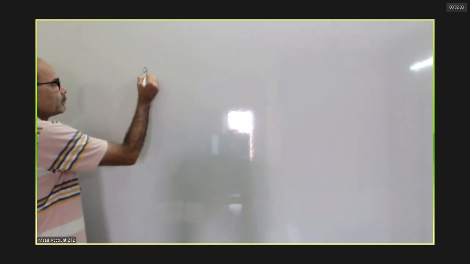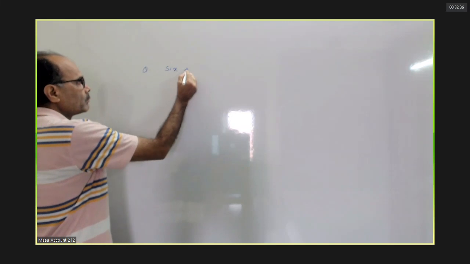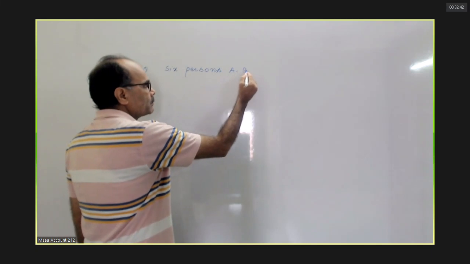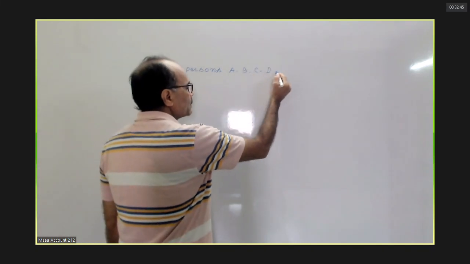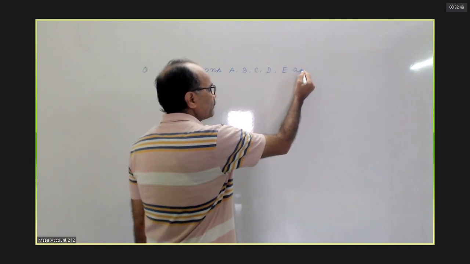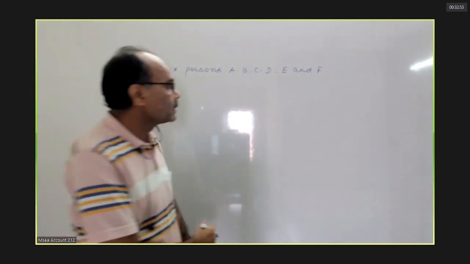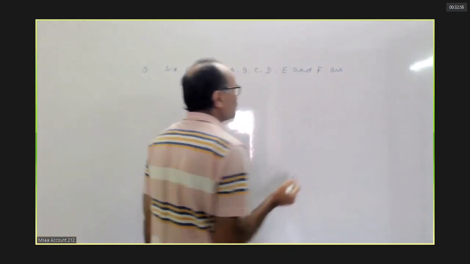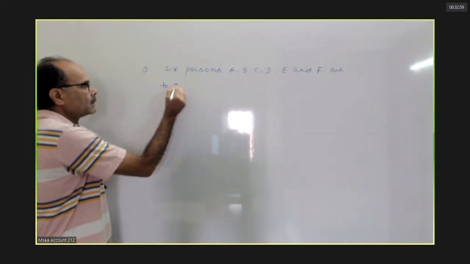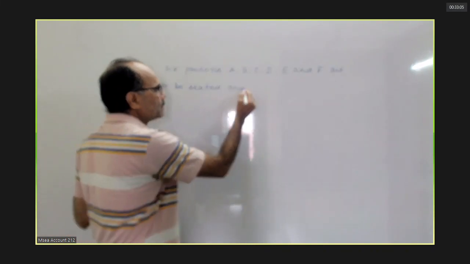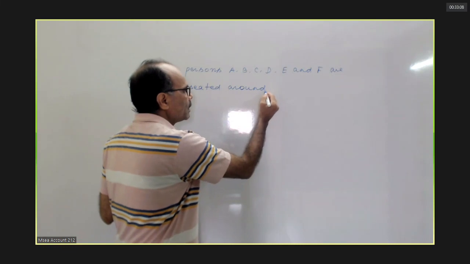Six persons A, B, C, D, E, and F are to be seated around a circular table.